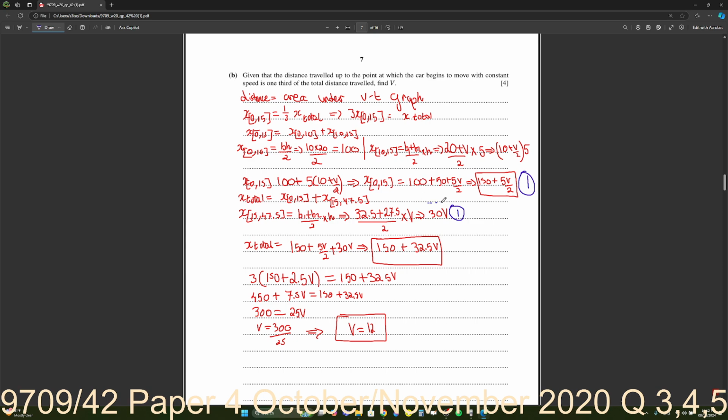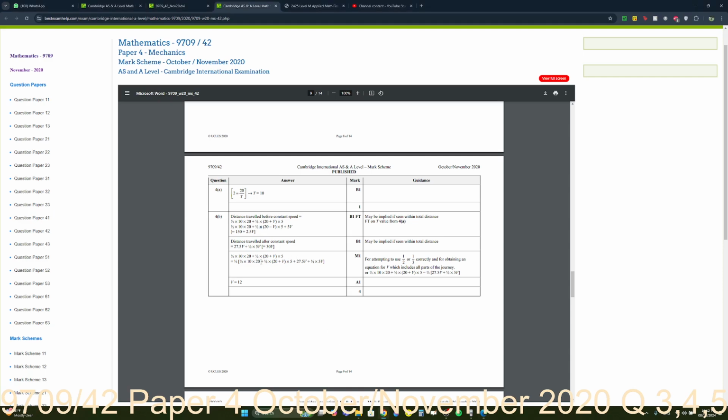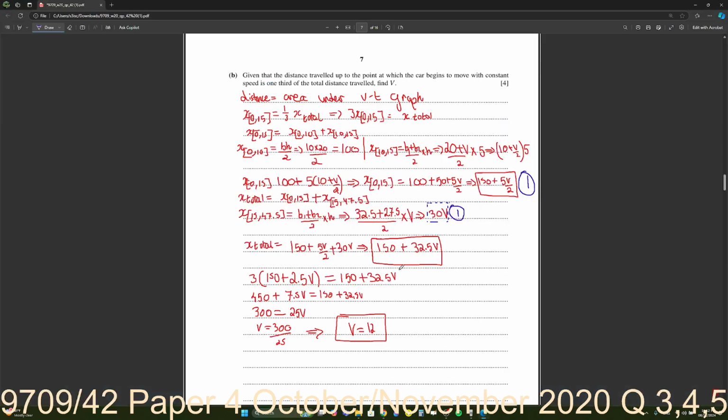I should have put this in a box earlier. Anyway, basically they just did what I did. They simplified.